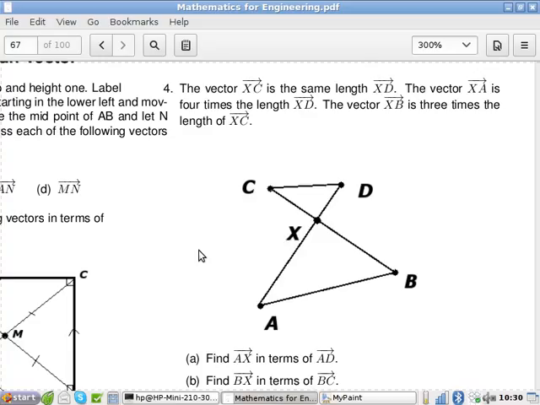No. What's it going to be? 4 over 5 AD. Because AX is 4 units and XD is 1 unit, so AX is 4/5 of AD. So the first one is 4/5 AD.